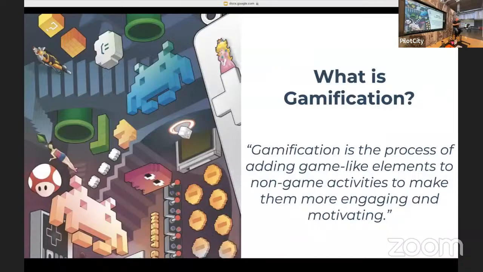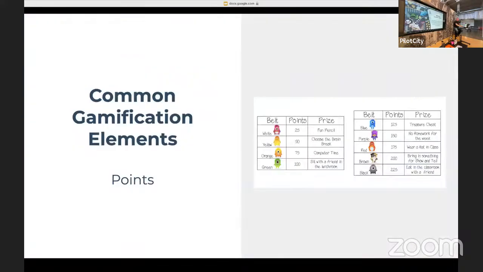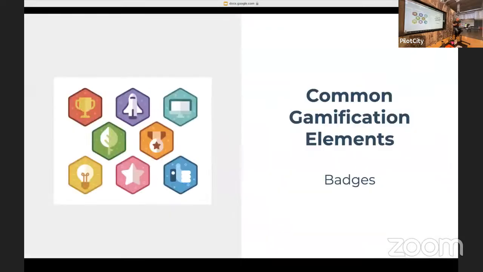So gamification is literally, like it says here, the process of adding game-like elements to non-game activities to make them more engaging. I'm going to talk about some common gamification elements. Points. Has anyone ever seen points added to things before? Yeah, that one's pretty common. And then badges. Anyone ever seen badges added to things before?